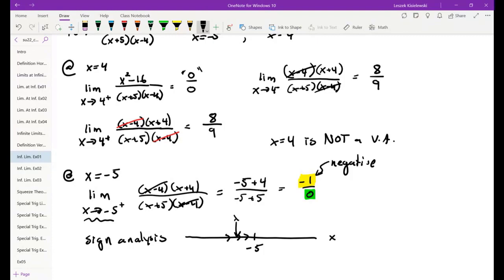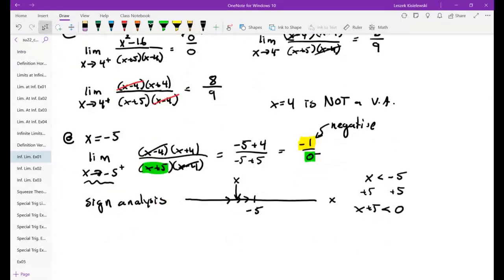So x is somewhere over here. So one way to think about this is that since x is to the left of -5, x is going to be smaller than -5. Adding 5 to both sides of this inequality gives us that x plus 5 is negative. So x plus 5 is going to approach 0, but it's going to be slightly negative.